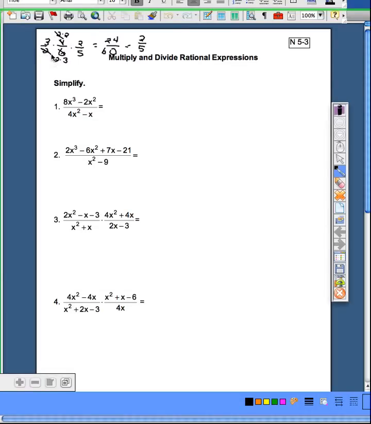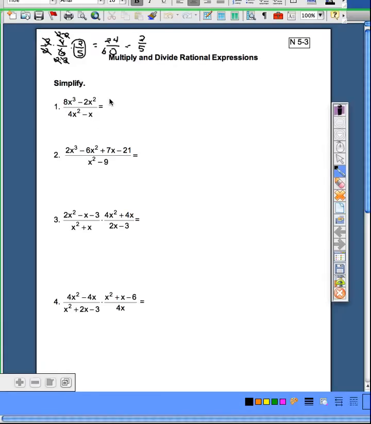So 2 over 2 is 1, 2 over 2 is 1, and 3 over 3 is 1. We're left with 2 fifths uncanceled, and that's our final answer. So you can get the same result multiplying across like you normally do, or canceling, and then you usually don't have to reduce at the end. So that's the process we're going to use with these rational expressions.